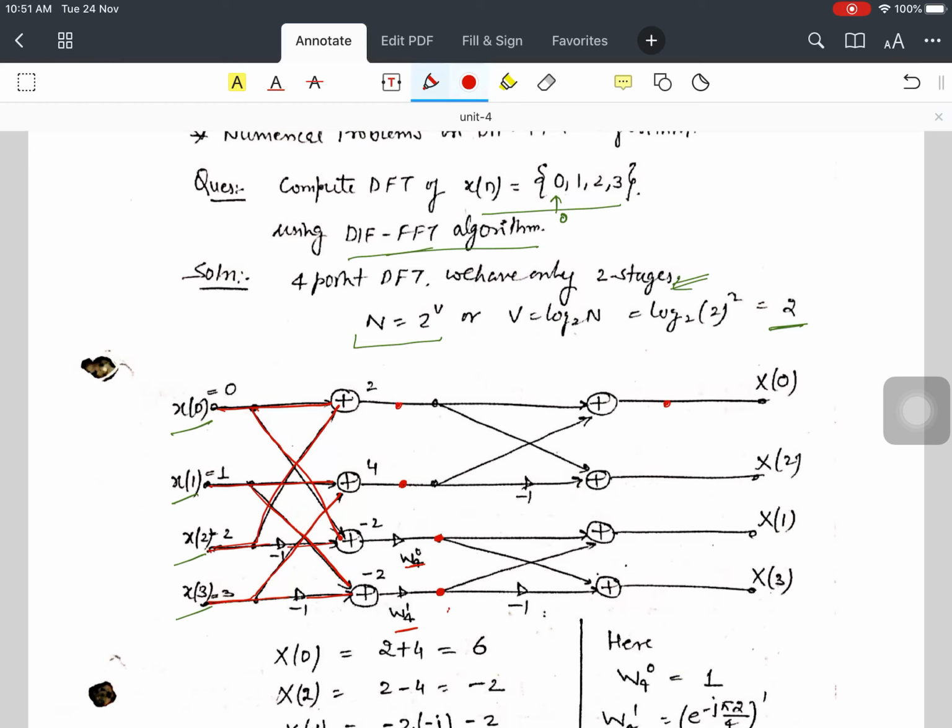Now at this point you have a simple butterfly structure, with multiplication by minus 1 at one point and the multiplier at another. In this way we can calculate the butterfly structure for x0, x2, x1, x3.